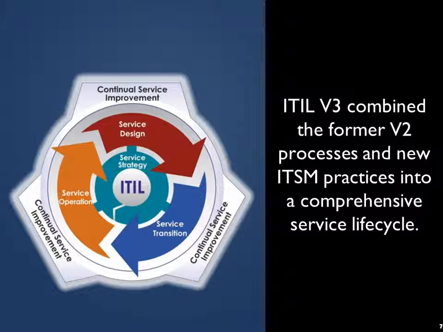ITIL version 3 combined the former version 2 processes into a comprehensive service lifecycle. A service lifecycle approach organizes the ITIL processes into a phased implementation approach. This approach enables service delivery managers to implement changed or new services processes within an easily understandable and defined phased approach.